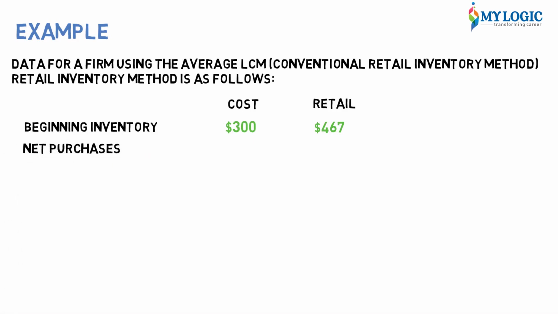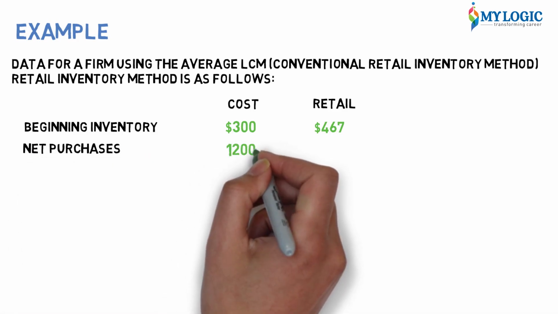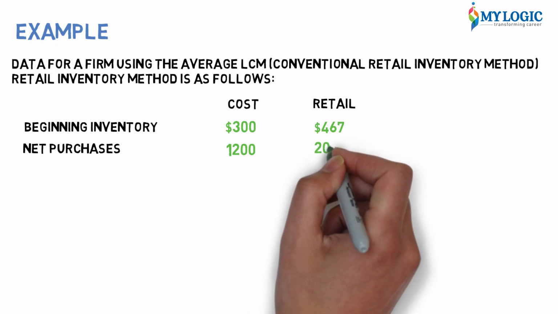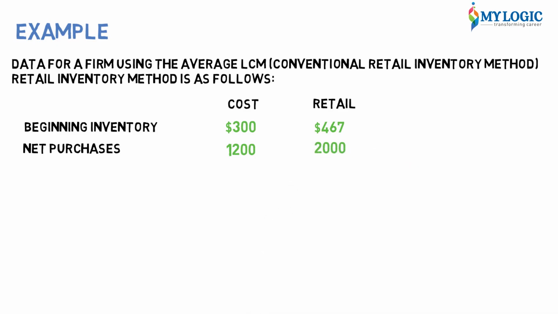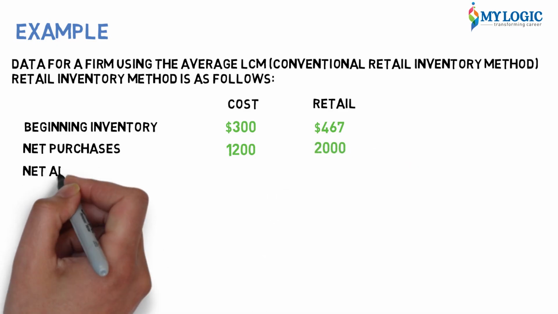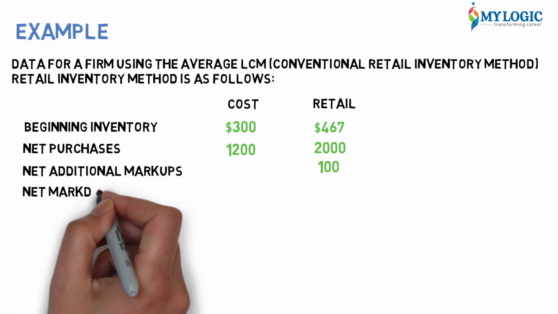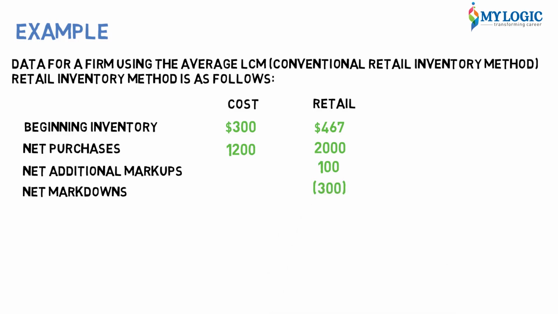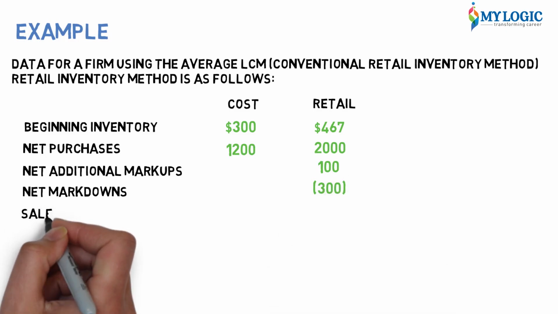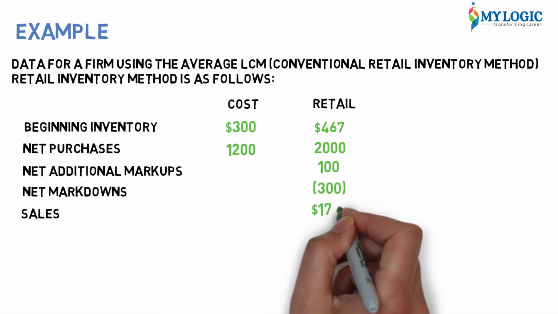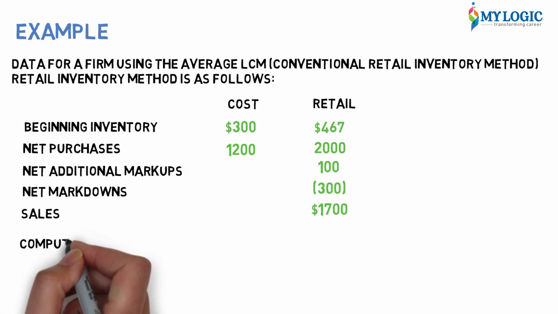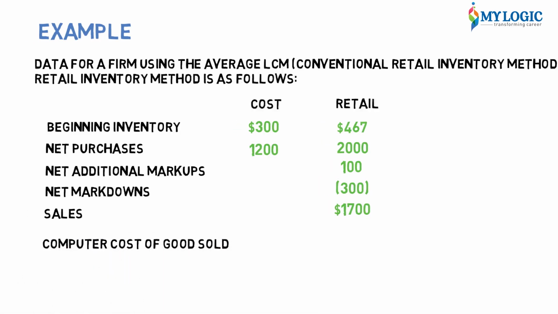Net purchases: cost $1,200, retail $2,000. Net additional markups, retail $100. Net markdowns, retail $300. Sales, retail $1,700. Compute cost of goods sold.